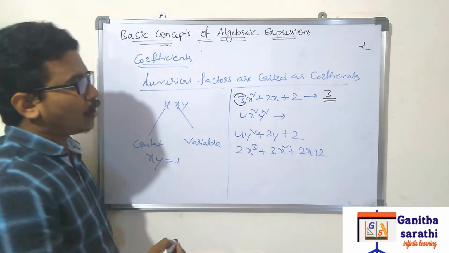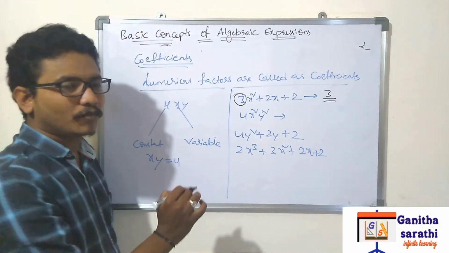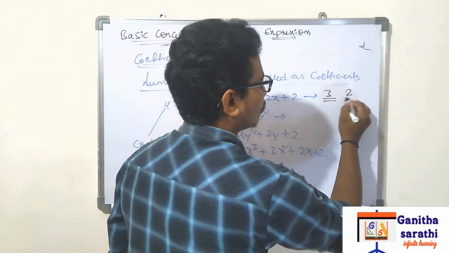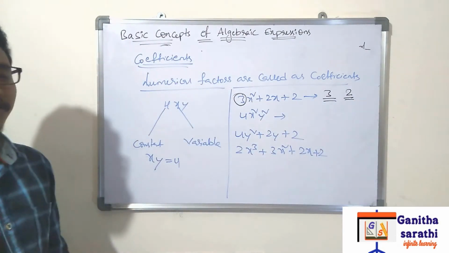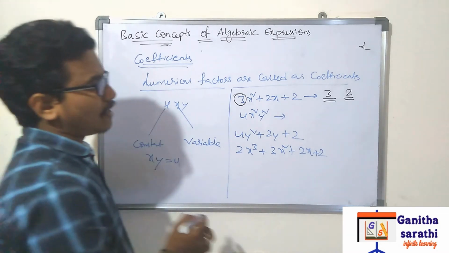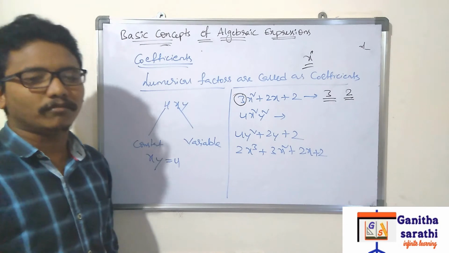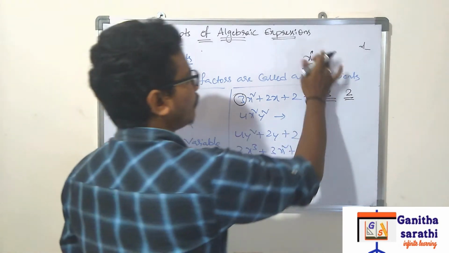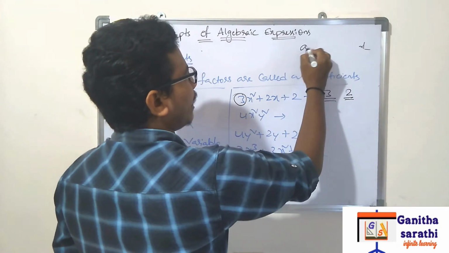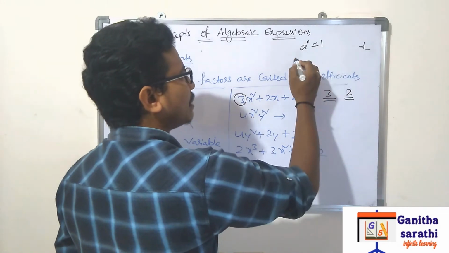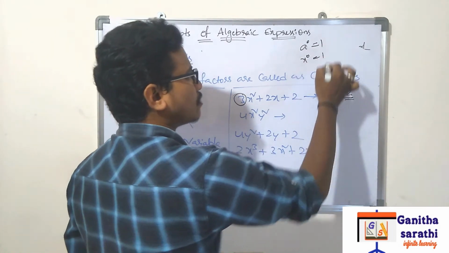Now what is the coefficient of x? The coefficient of x is 2. Now what is the coefficient of x power 0? You know the formula, a power 0 is equal to 1, so x power 0 is also 1.